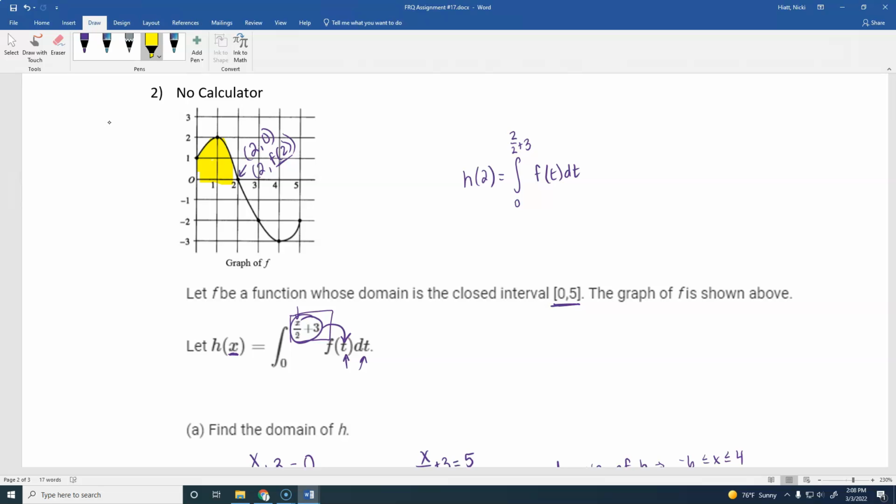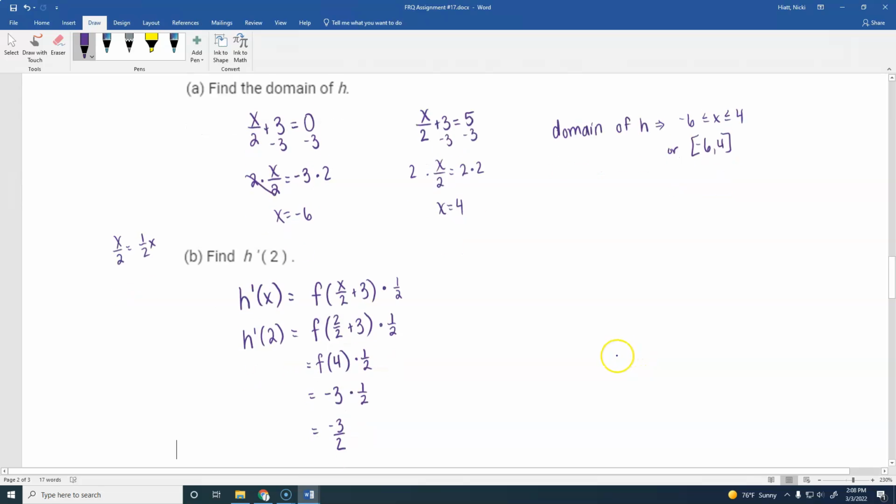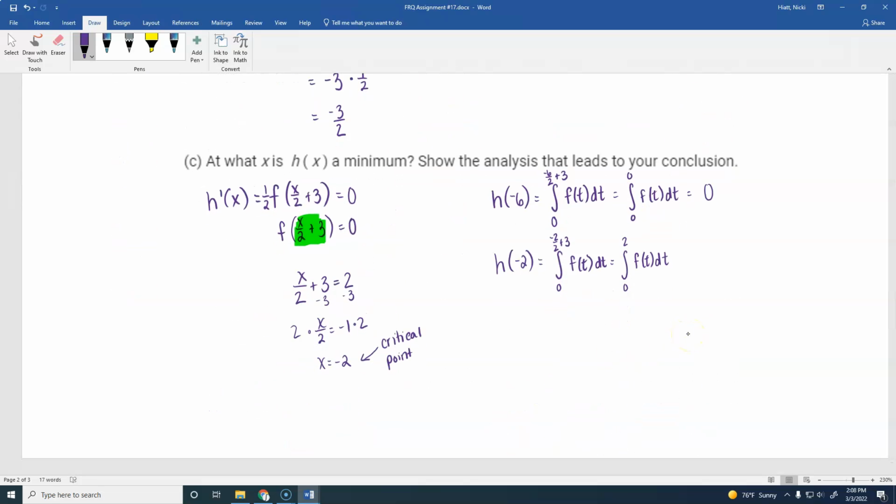So while I can't tell exactly what it is, I know it's greater than 0, and I'm going to put over here that f lies above the x-axis for 0 to 2. So that cannot be a minimum because 0 would be less than that. So this is not our minimum point.